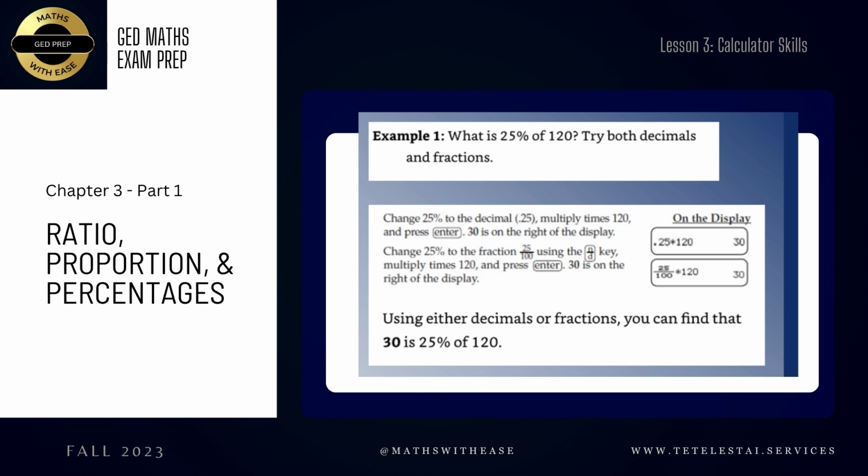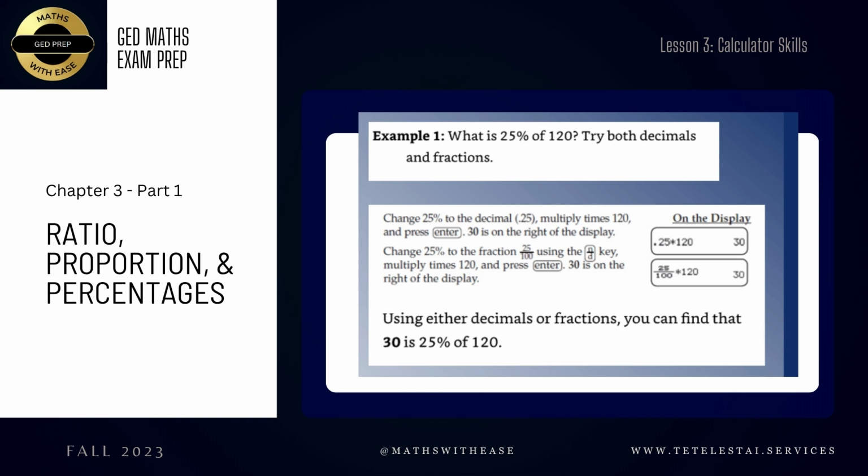Then to change 25% to its fractional equivalent, you would use your fraction key. You press the fraction key, and then you enter your numerator, which is 25, and your denominator, which is 100.